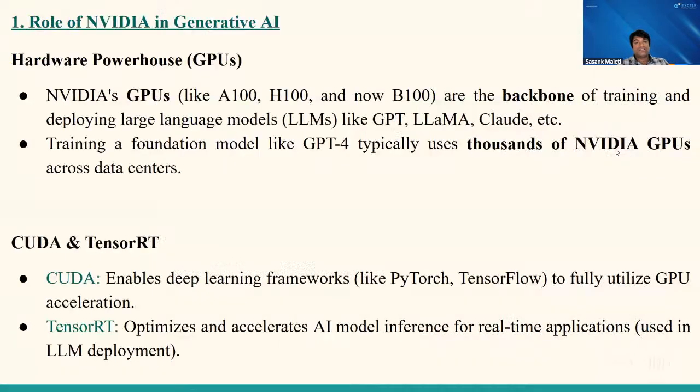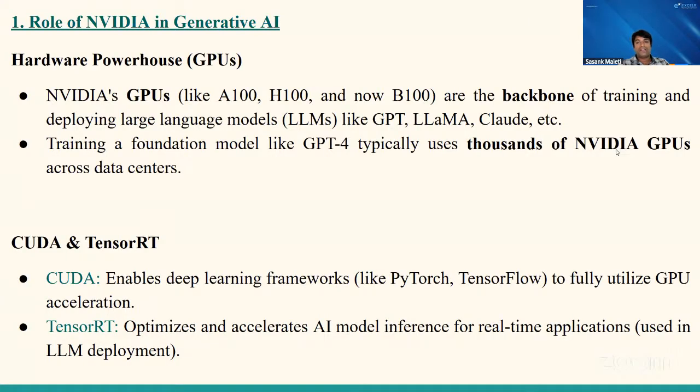Next, let us talk a bit technically. A few people might find it a bit difficult to understand if you are not aware of GPUs, so don't take it too hard on your head. Just relax and try to understand what exactly these chips are which power generative AI. The first thing is the hardware powerhouse.